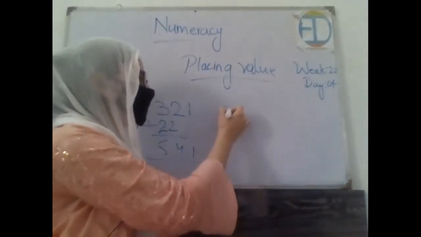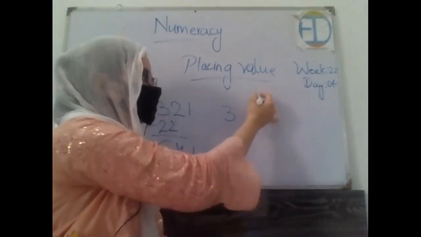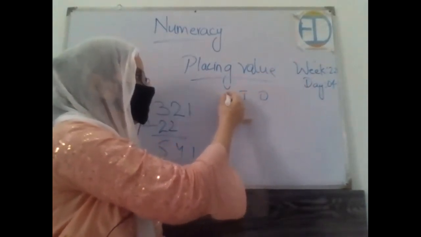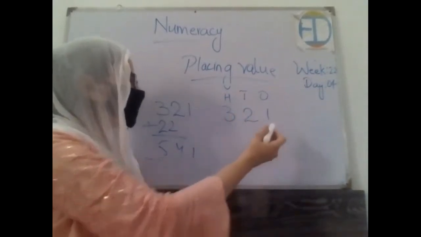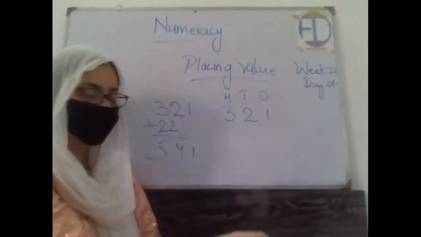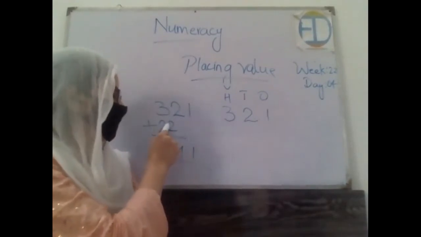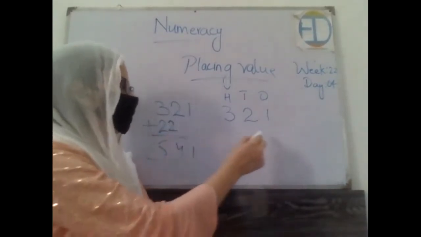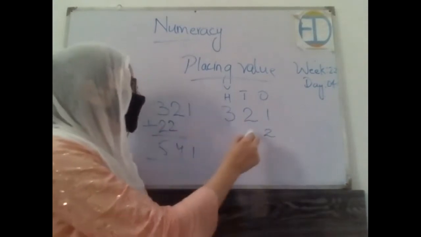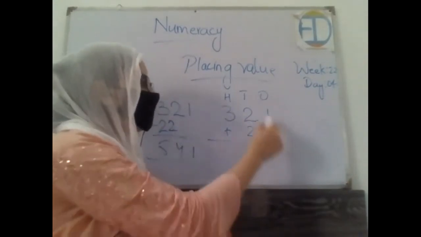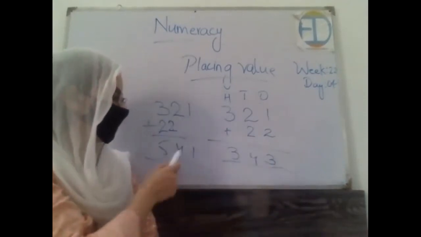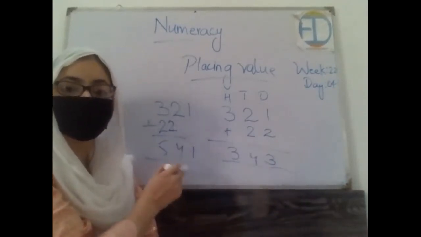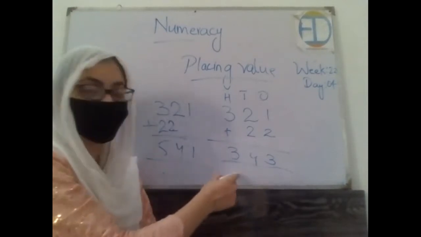So how can we find the right method? First we write the values: ones, tens, and hundreds. Then 3 comes at the hundreds place, 2 comes at the tens place, and 1 comes at the ones place. Similarly, in 22, the 2 will come at the ones place and the other 2 at the tens place. In this manner, when we add, the answer is 343. Can you see there is a large difference between 541 and 343?